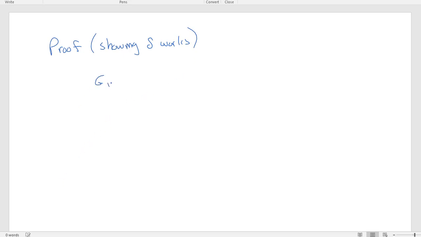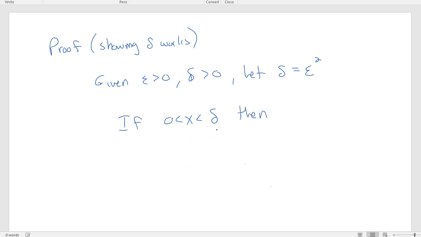Again, given some positive epsilon, we're going to let delta equal epsilon squared. What we saw prior was that if x is between 0 and delta, this is my |x minus 0| being less than delta. So we're going to square root both sides here and get the square root of x is less than the square root of delta. And we know that delta is epsilon squared, so I'm going to replace this with epsilon squared.